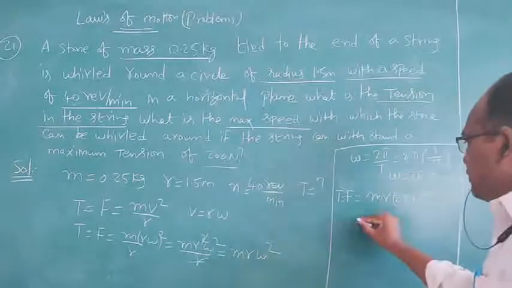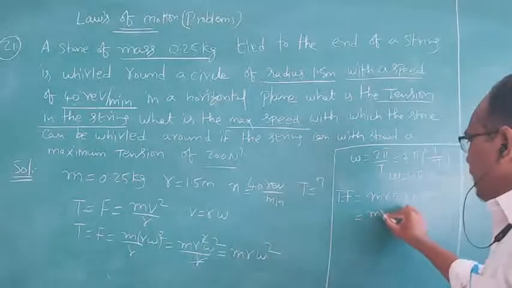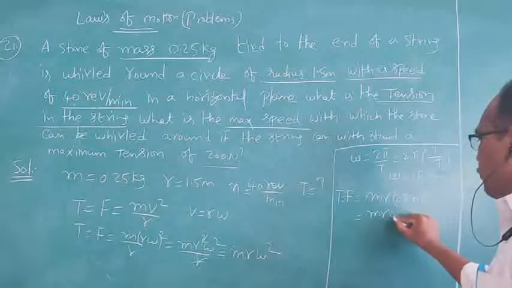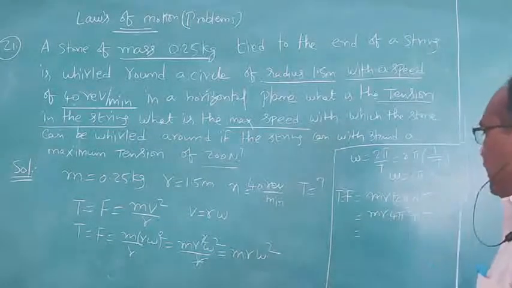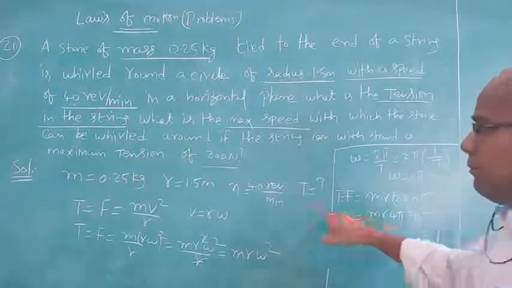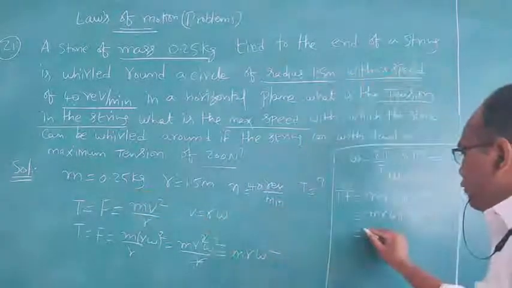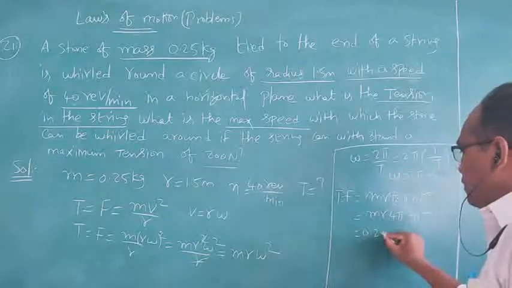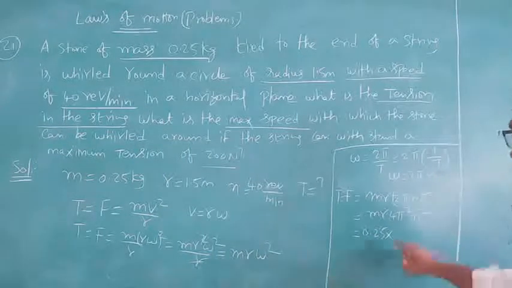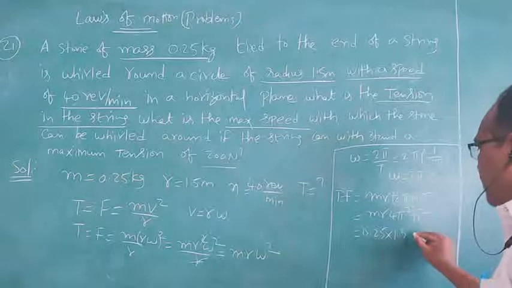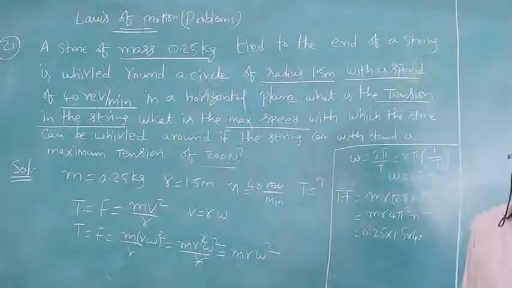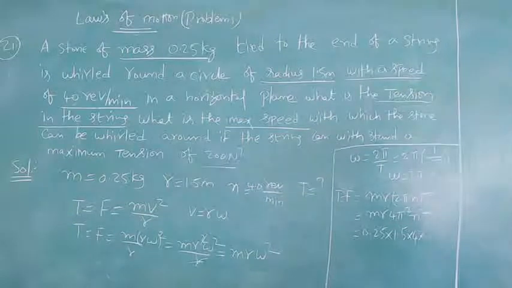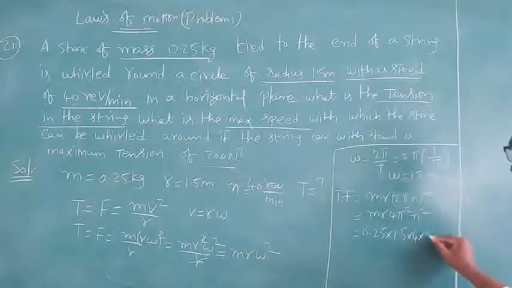So the meaning of this is m r into 4 pi square into n square. Here mass m is 0.25, into r which is 1.5, into 4, into pi square, 3.14 whole square. Always we have to remember g is 9.8.